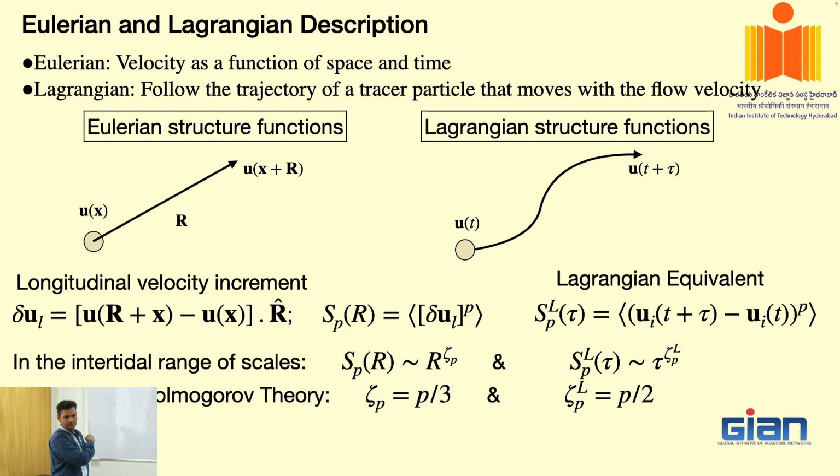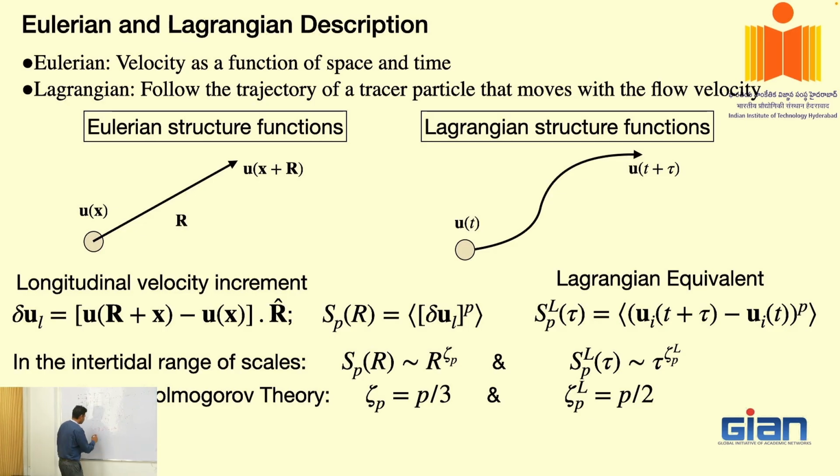In one case it is p by 3, which means this quantity S of p, which is equal to delta u, is going to be delta r to the power p by 3 for the Eulerian case.